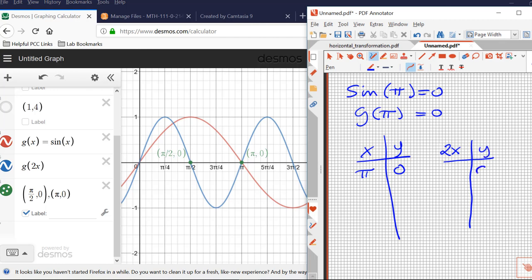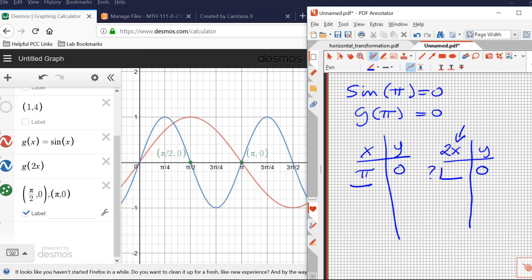But again, think of it this way. I don't want to change the y value. And the question now becomes, what do I enter here so that I get 0 back out? Well, I know when I enter pi in sine, I get 0. Now I want to enter a number so that 2 times it gives me pi. So the idea is, what do I enter here so that I get pi?